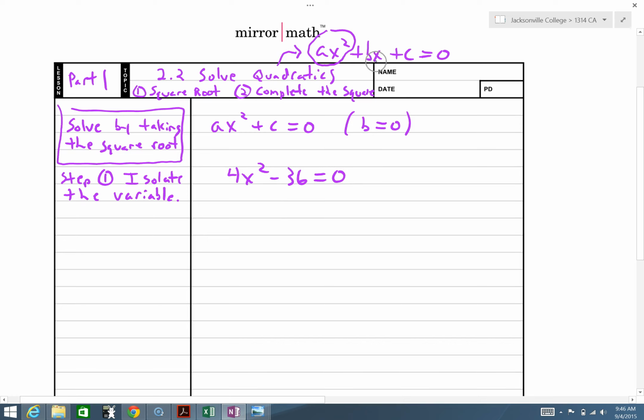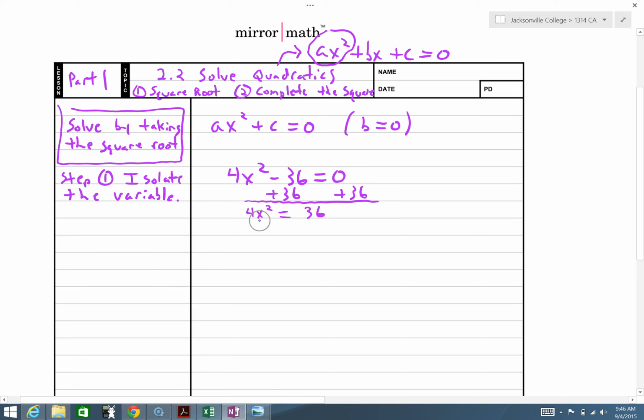There is no bx term. So step 1, I want to get this variable by itself. I will begin by adding 36 to both sides of the equation. The 36 cancels with the 36 to leave 4x squared on the left. 0 plus 36 is 36 on the right.